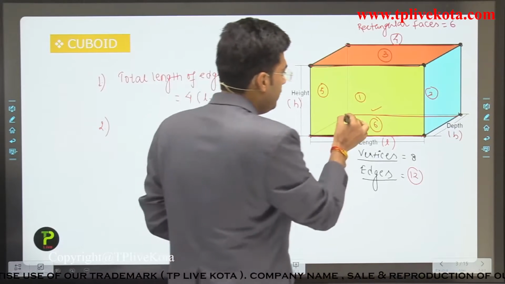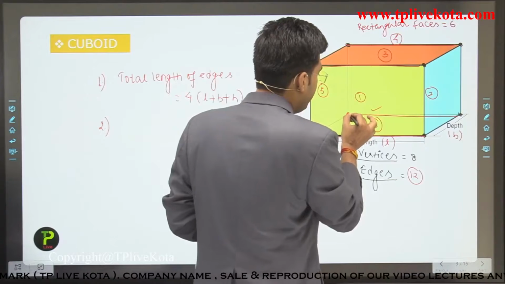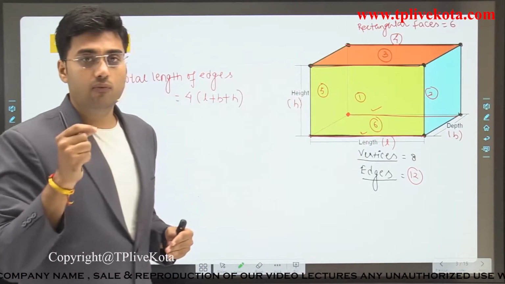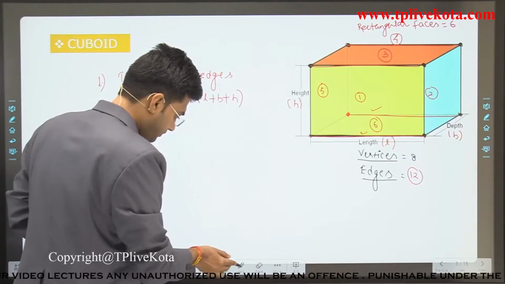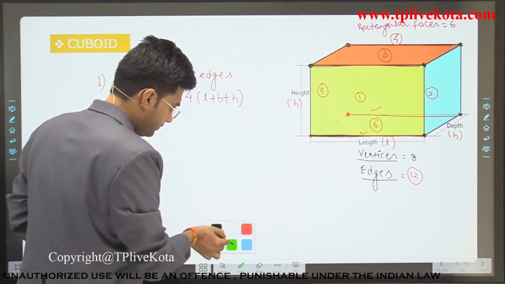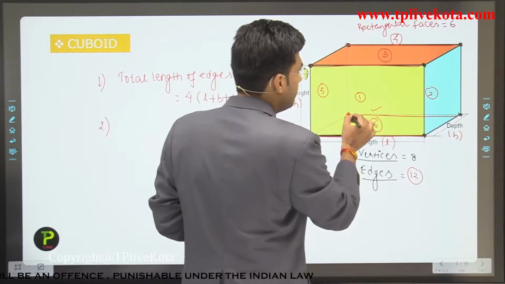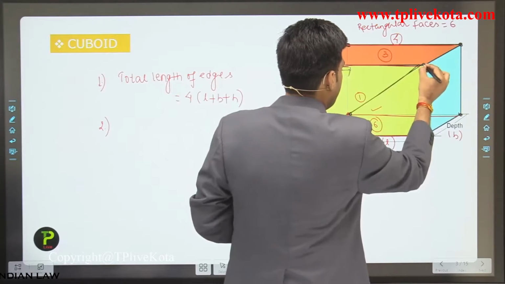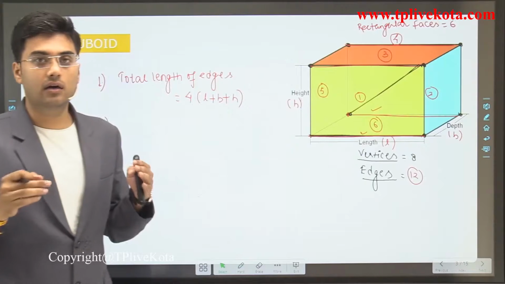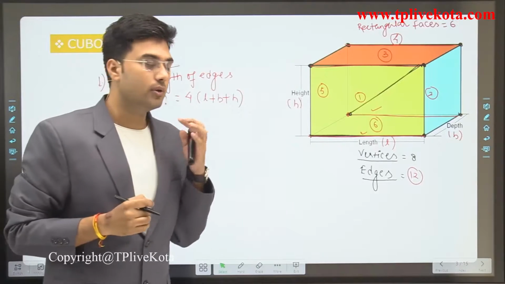So if we join non-consecutive vertices of the cuboid, we will get a diagonal. So if we join this vertex to this vertex, we will get a diagonal for the cuboid.